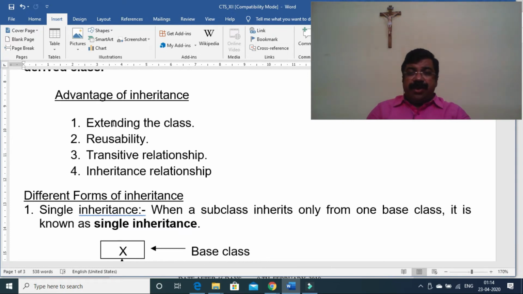I think the points are very clear. Now see the fourth point, which is inheritance relationship. What I said right now, grandfather, father and grandson, that kind of relationship is possible through inheritance.